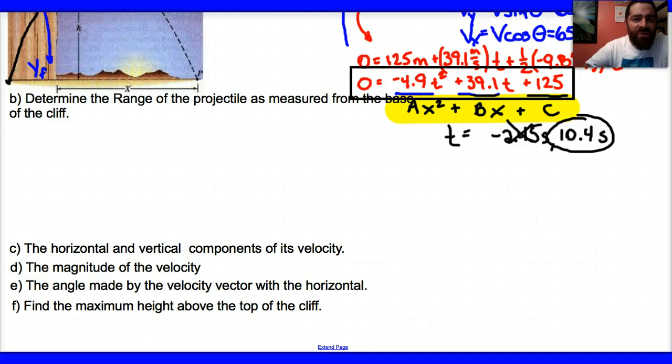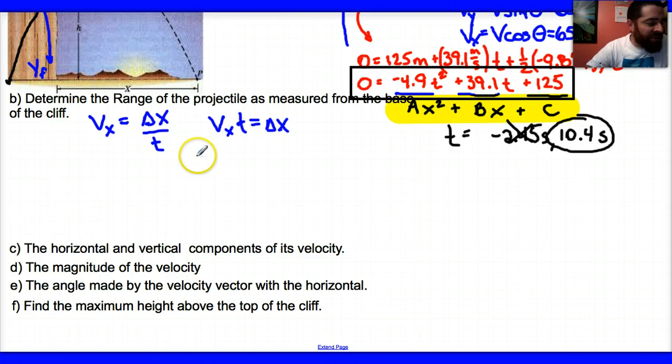The horizontal equation is going to look something like this, where my x component of velocity is equal to my horizontal displacement delta x over my time interval. Multiplying both sides by t, I get Vx times t is equal to my range. Substituting some values in now, my horizontal component of velocity, 65 cosine 37, is 51.9 meters per second.